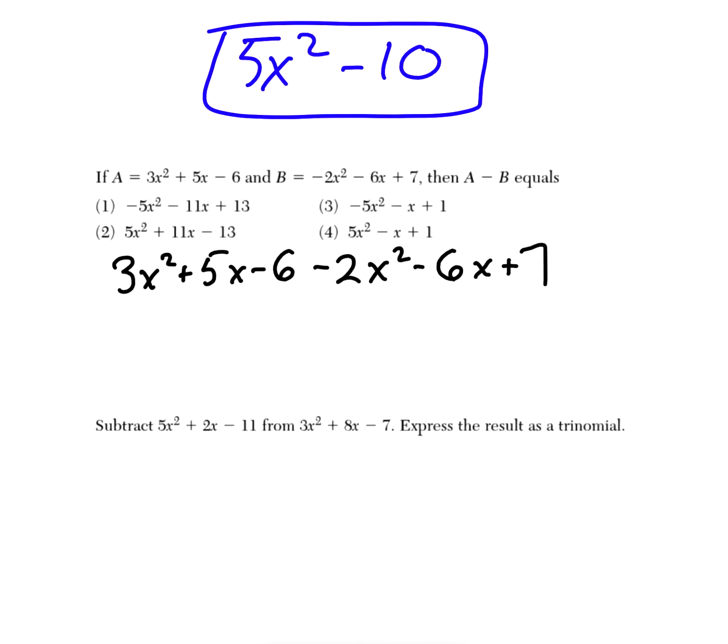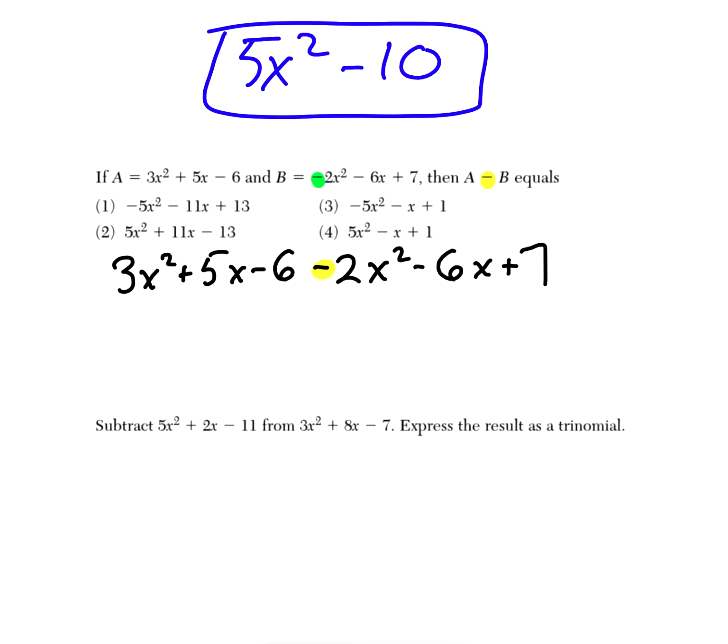What is wrong with that? A couple things. Notice the minus sign here is this minus sign, but the way I wrote it, I'm also counting it as that minus sign. So that is incorrect about this.